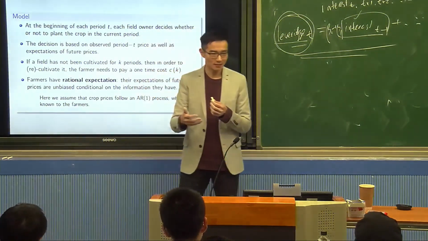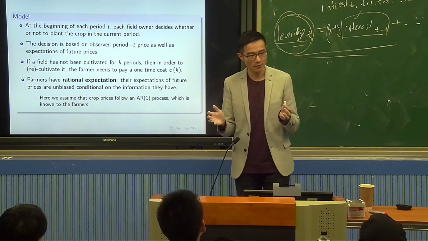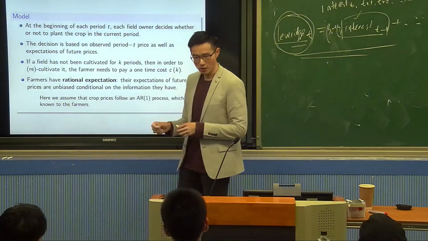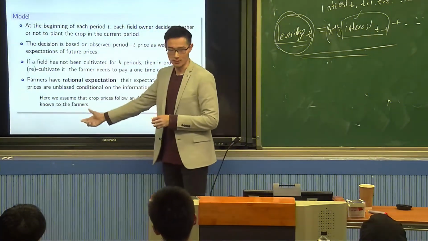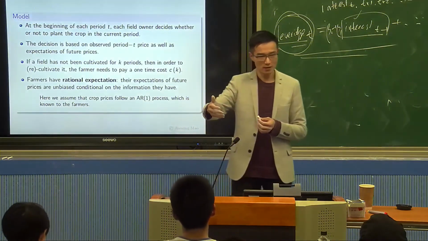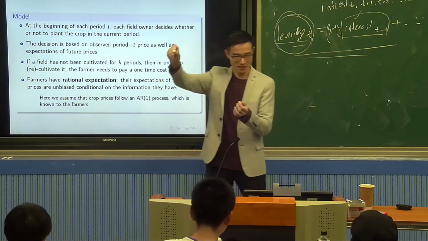Well, it turns out that expectation is extremely hard to model. So the basic strategy is to assume something called rational expectation, which is basically saying that the farmer's expectation of the future is sort of correct. Okay, because in the data we see future price.